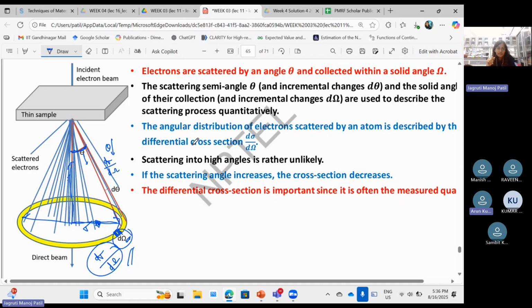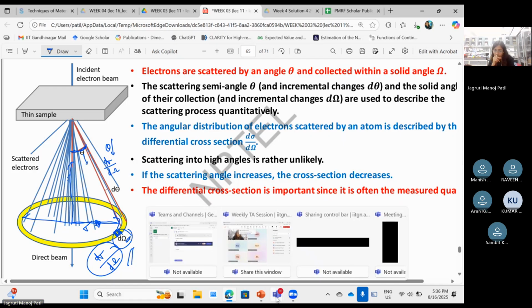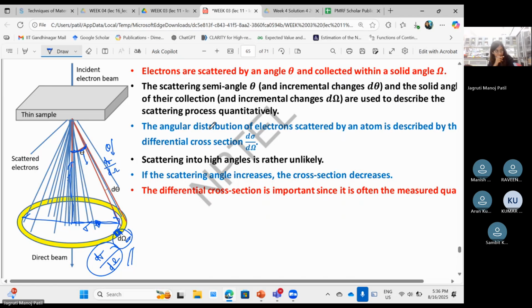Someone trying to say something? The angle is increasing, you will have more intensity. What will happen to the scattering cross section if the angle decreases?